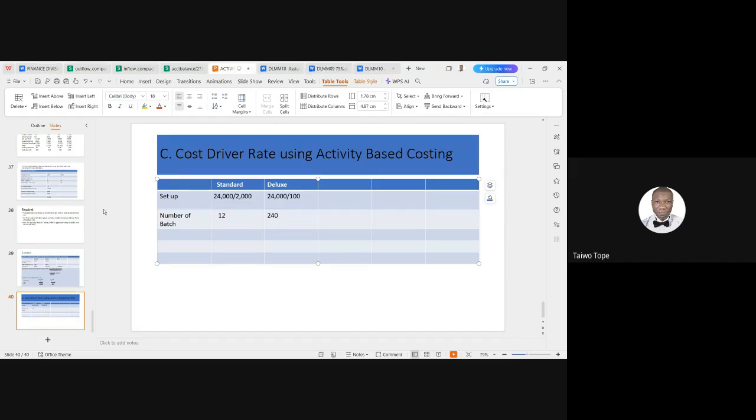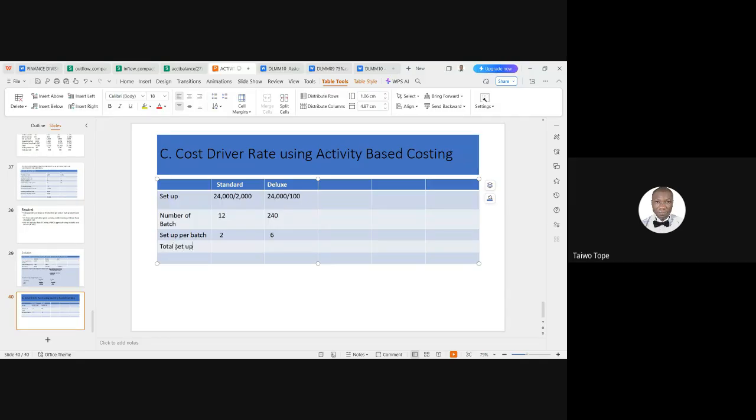So for standard, how many setups do we have per batch? We have 2 for standard. For the loss it is 6.